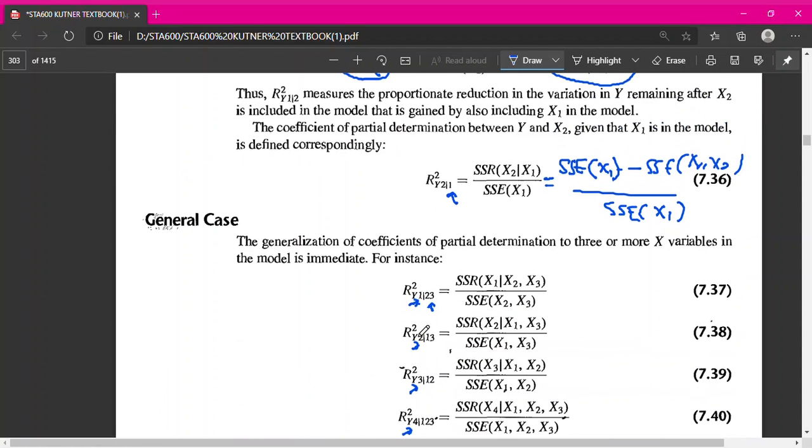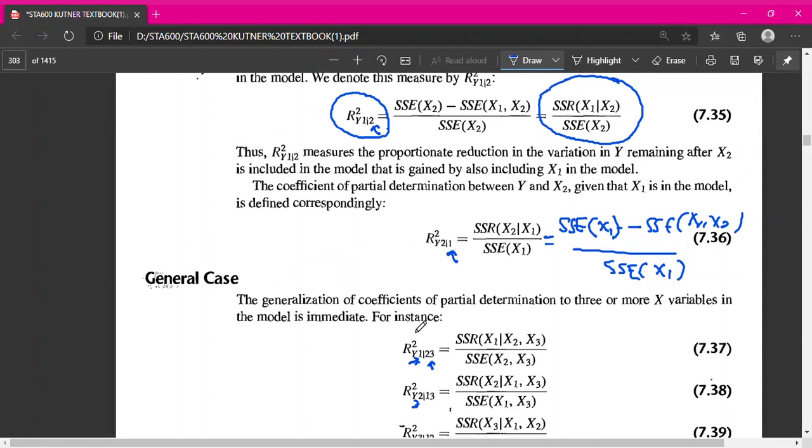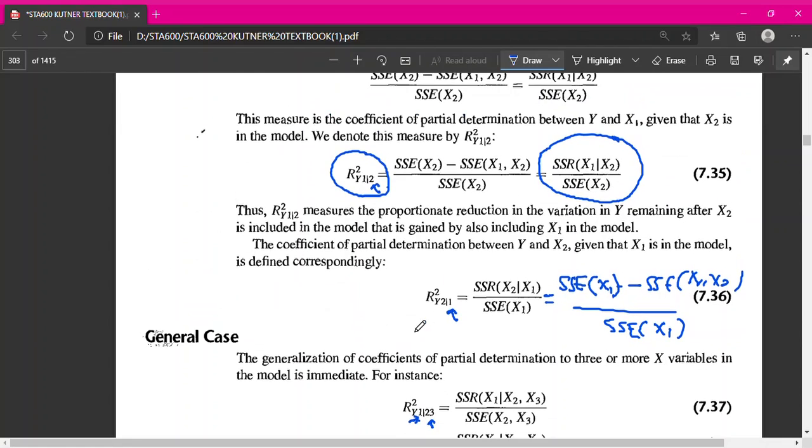So, macam mana nak interpret this partial determination? Okay, kita tengok kat sini. Dia kata R square x1 given x2 measures the proportionate reduction in the variation in y remaining after x2 is included in the model that is gained by also including x1 in the model.